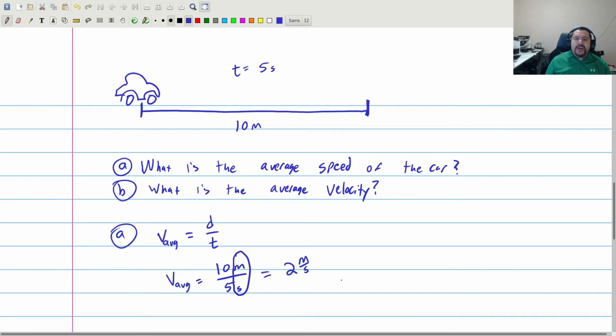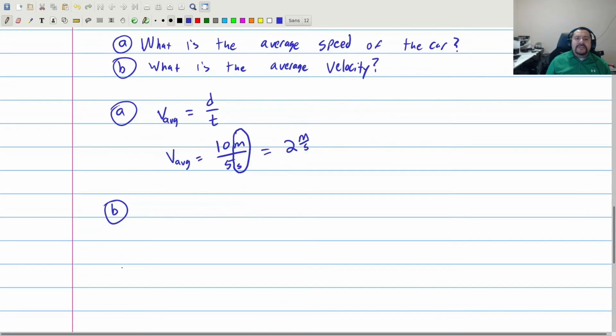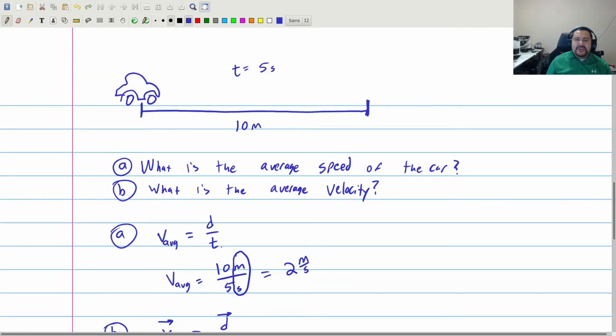Okay, so what about the average velocity? How does that differ from the average speed? Well, if we want to find the average velocity, that's v with a vector sign over it, average, is equal to, well, this one's displacement divided by time. So in this case, v average, with a vector sign over the top, is equal to the displacement here, which is also going to be 10 meters.